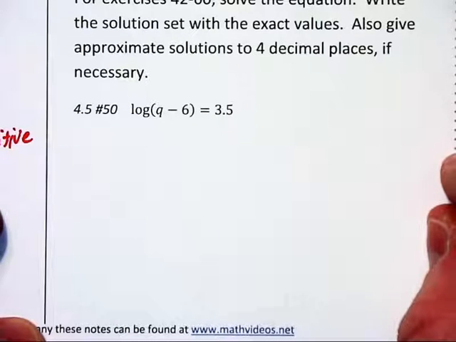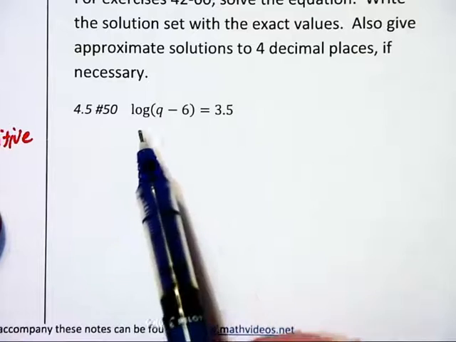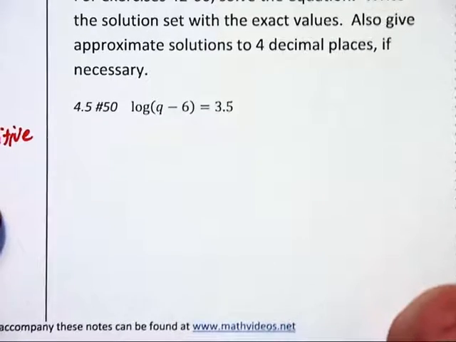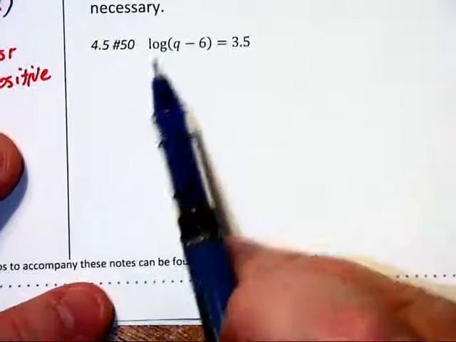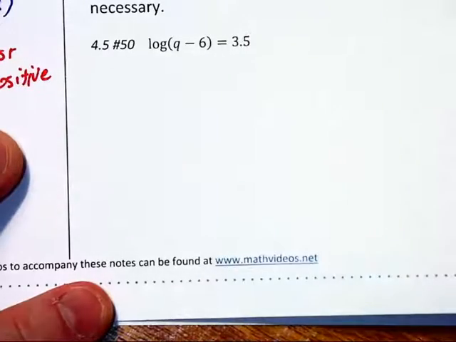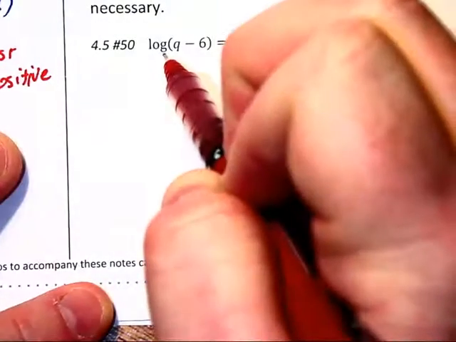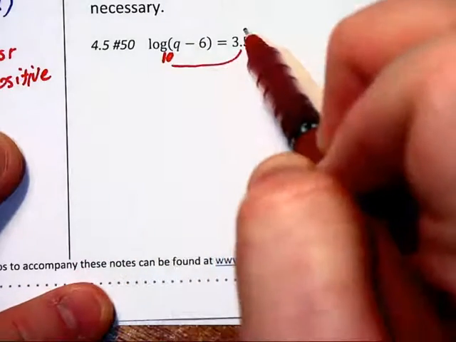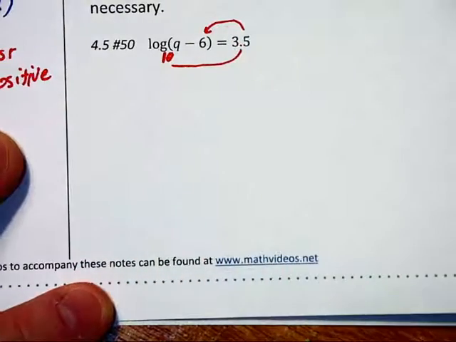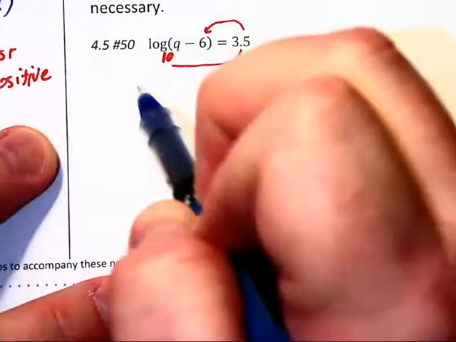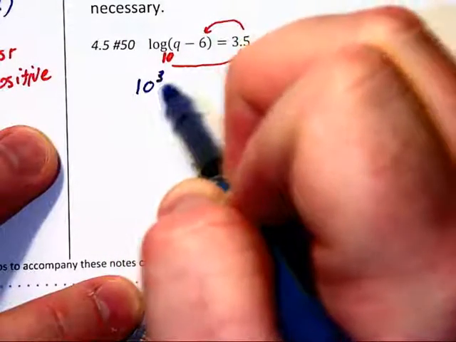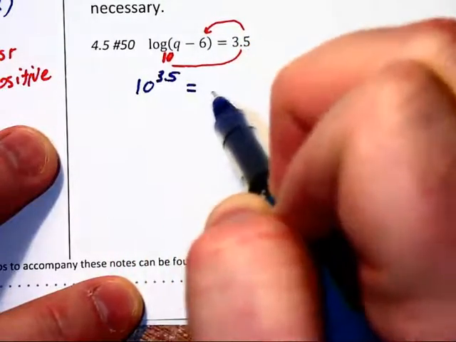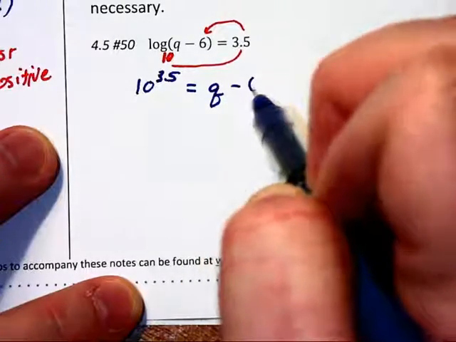Okay, here we have another problem with a log of q minus 6, which we're trying to solve for. We just have a single log. The base needs to be written in. It's understood to be a common log, base 10, and we can convert that into an exponential equation and have 10 to the 3.5 power is equal to q minus 6.